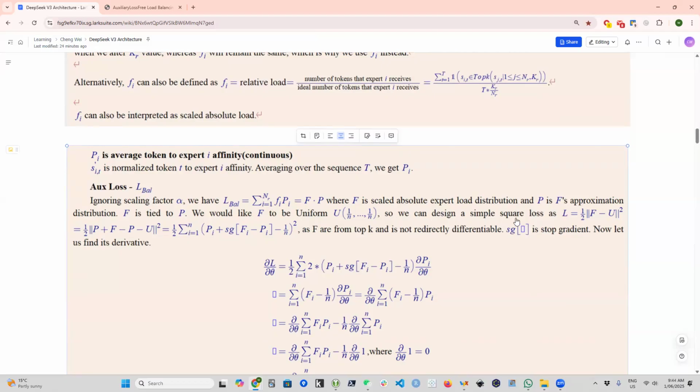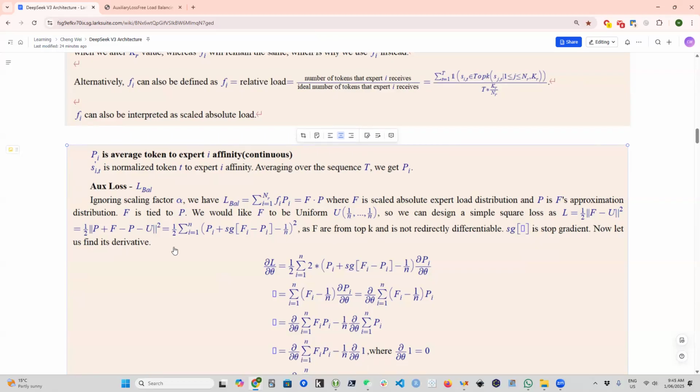So we can design a simple square norm like this, as we normally do. So F minus uniform, then square norm. If we minimize this one, then we want to get this uniform. We will push F to be uniform, correct? Yep.